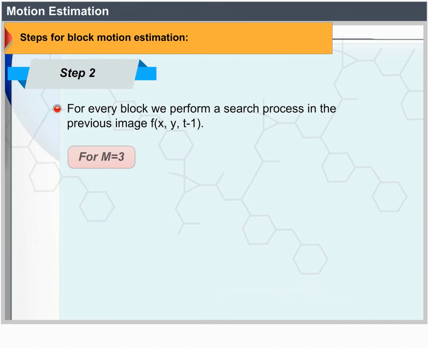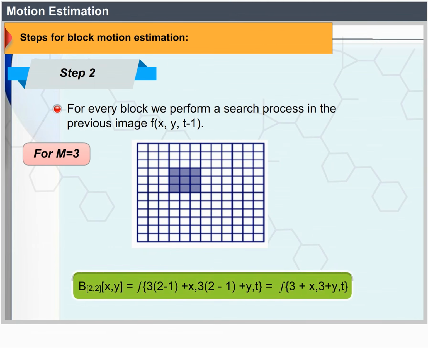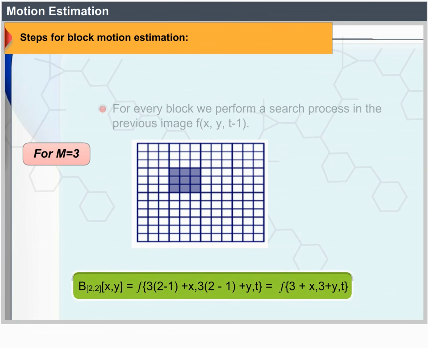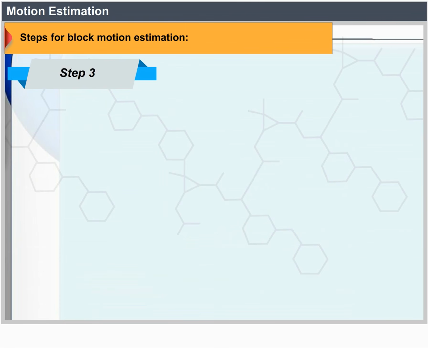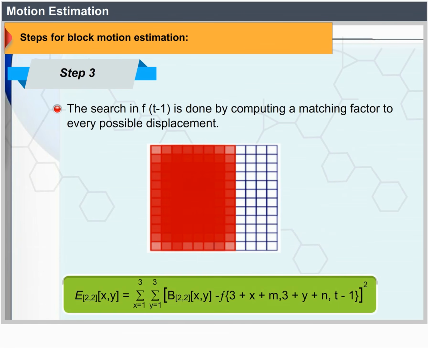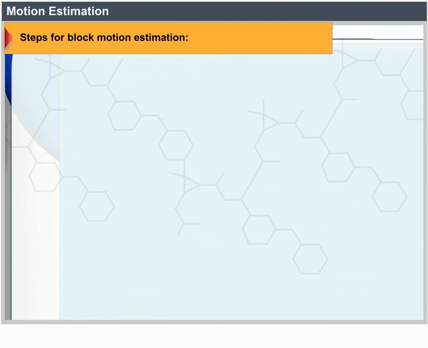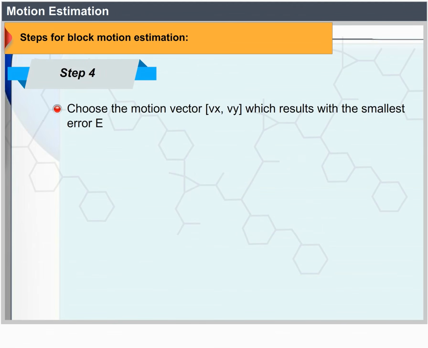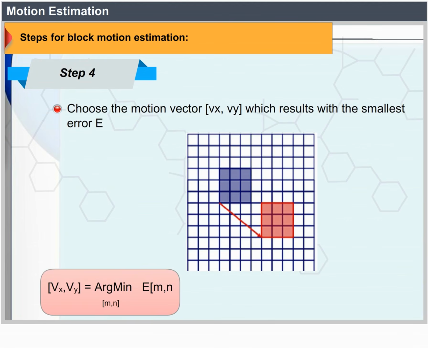For m equals 3, we obtain the following. Step 3: the search in f(t-1) is done by computing a matching factor for every possible displacement. Step 4: choose the motion vector (vx, vy) which results in the smallest error E.